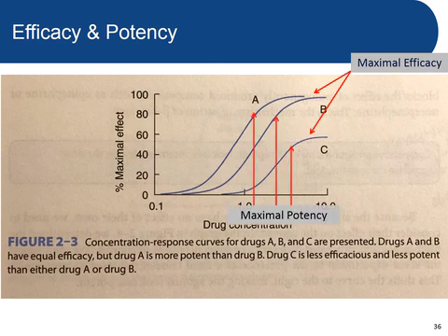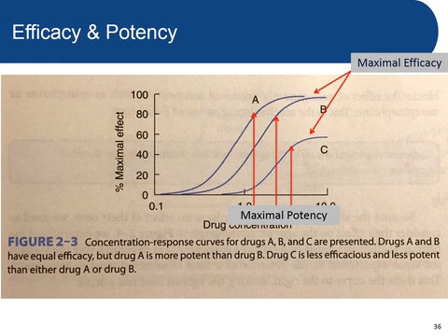Now, potency, on the other hand, let's look at the lines from a different angle. If you look at A, the curve shows that less dose is needed. Drug concentration is across the horizontal axis.